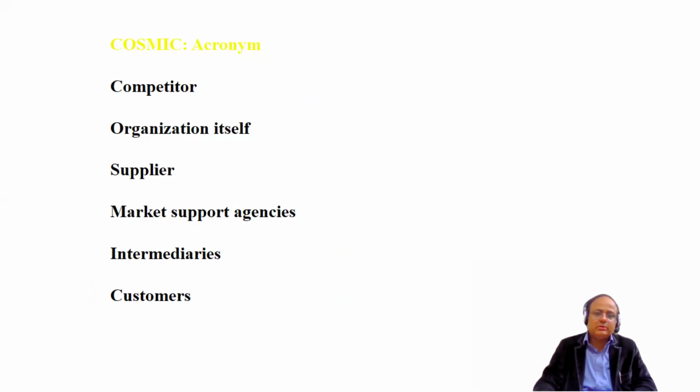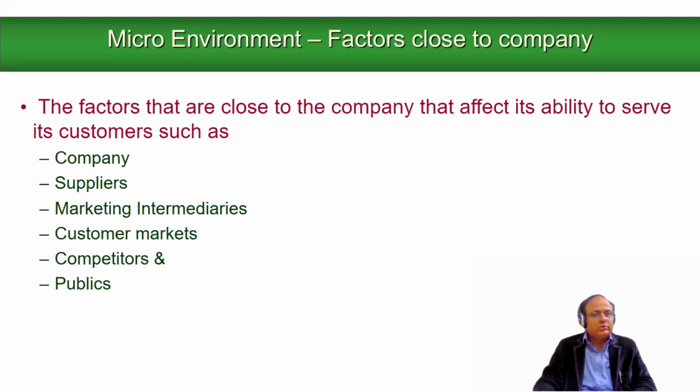So COSMIC means C stands for competitors, O stands for organization itself, S stands for supplier, M stands for market support agencies, I stands for intermediaries, and C stands for customers. So the focus is on the marketing environment and the factors that are close to the company. I have already named them earlier.